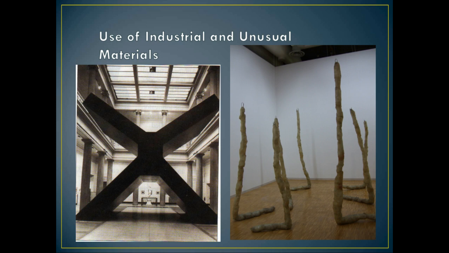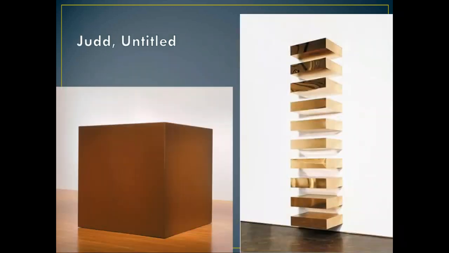On the right, you have a Hesse piece using fiberglass, which is, again, a strange material to use. Unfortunately, at the time, they didn't know it was toxic, and she actually died from developing a cancerous brain tumor from using the fiberglass in her work. So it's an unfortunate story about how art materials can often be dangerous.